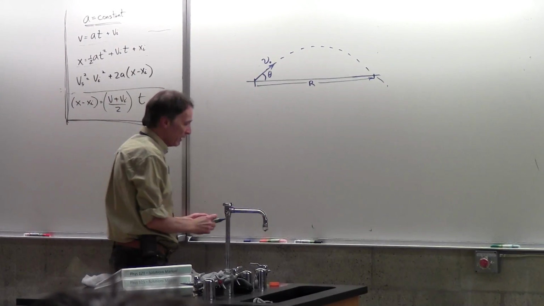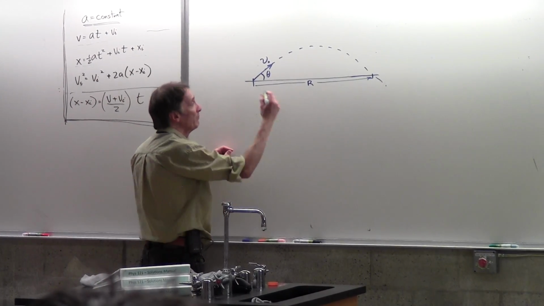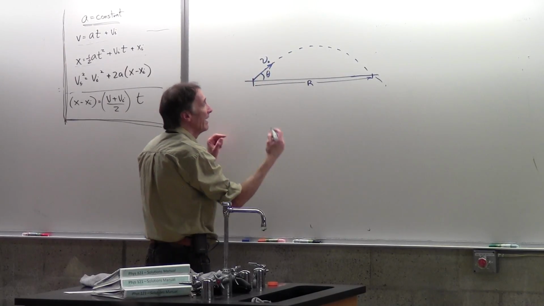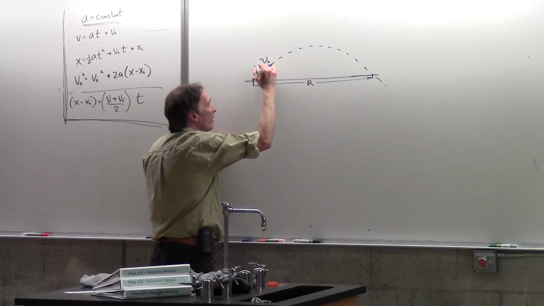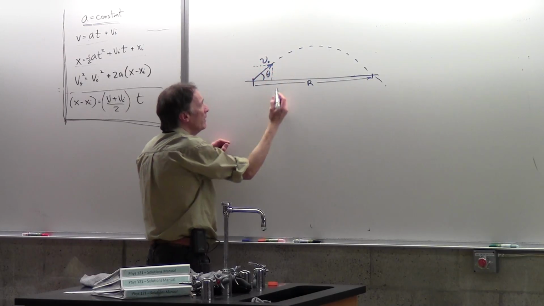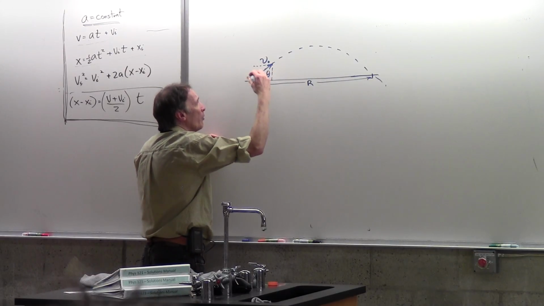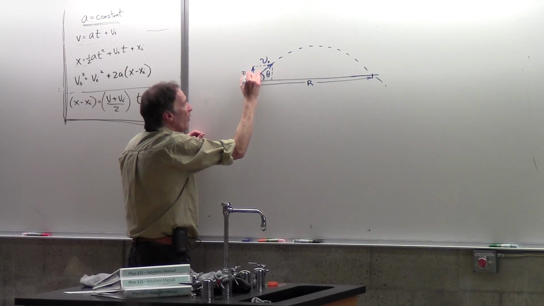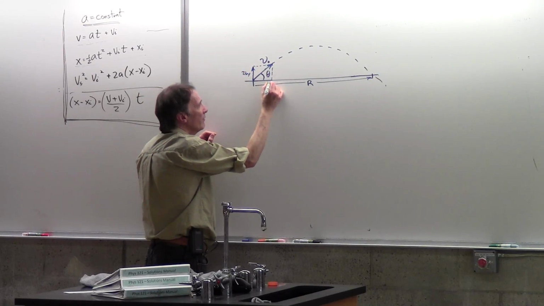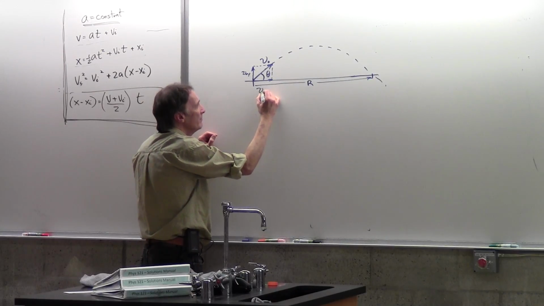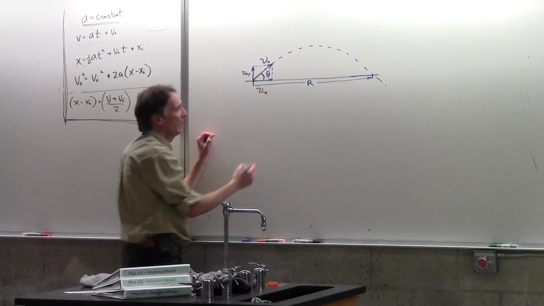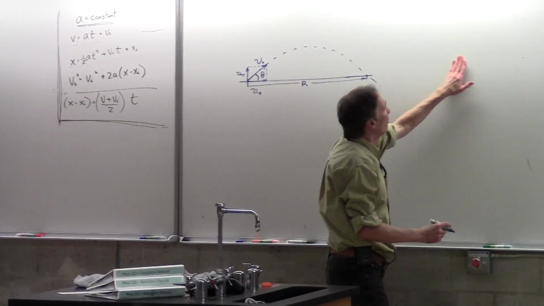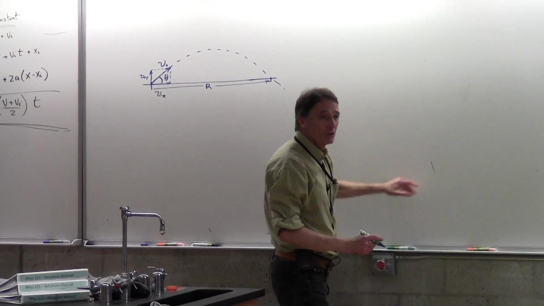And what we're going to want to do is do what we've been doing here. Let's do it a little more symbolically to get the idea of this. We're going to want to break this up into components in terms of the velocity. We're going to have an initial velocity in the y and an initial velocity in the x. And from this, it's a little easier to start with the y motion first.